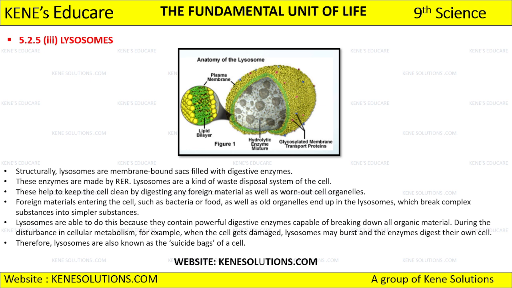So you should be clear, why are lysosomes known as the suicide bag of the cell? Because lysosomes are going to burst and whatever enzymes are present in the lysosome are going to digest their own cell. So that is one of the reasons why we call lysosomes the suicide bag of the cell. Okay.